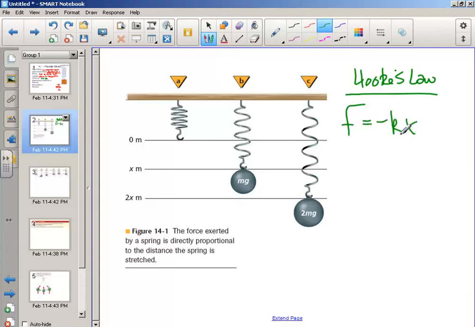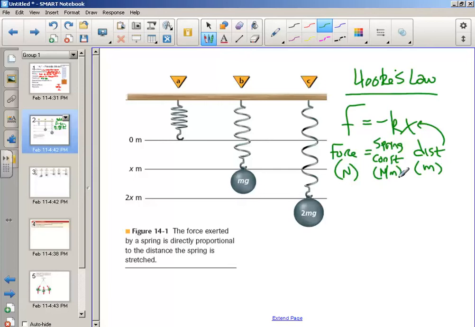F is a restoring force, and we measure it in newtons. x is a distance, the distance stretched, and we measure it in meters. And k is what's called the spring constant, and we measure it in newtons per meter.